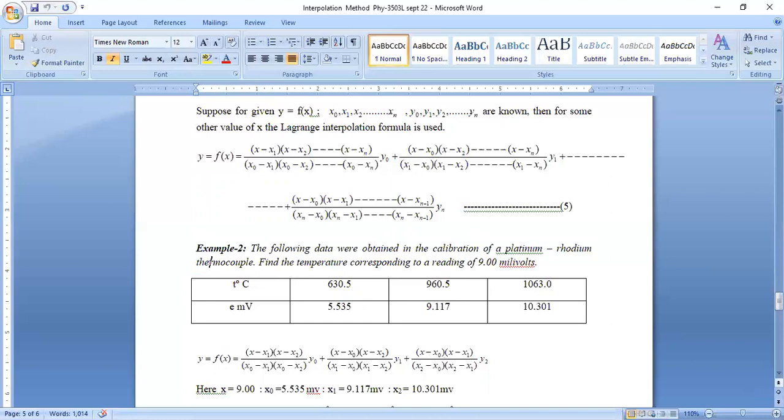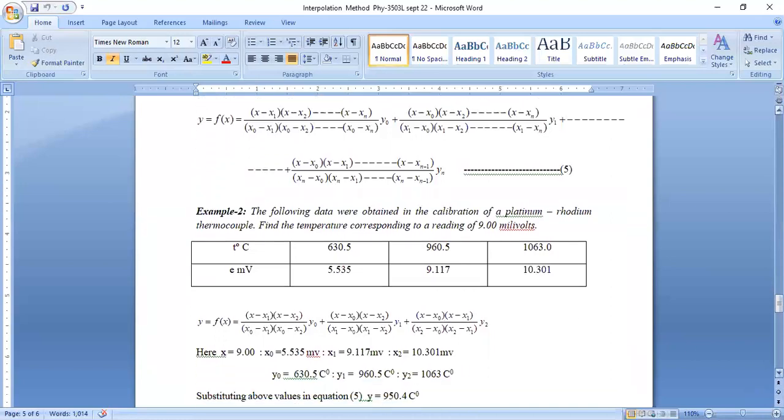Now you can put in the corresponding values. You want to find Y for a given value of X. Your X is 9.0 millivolt, and you want the temperature corresponding to this thermo EMF.